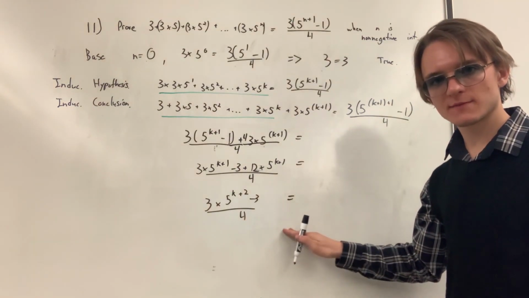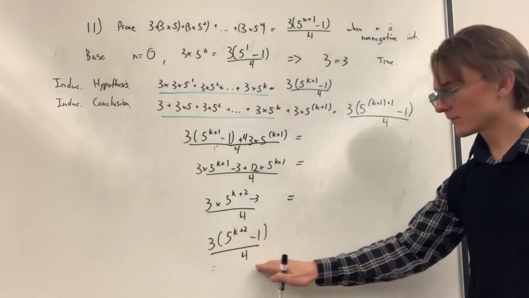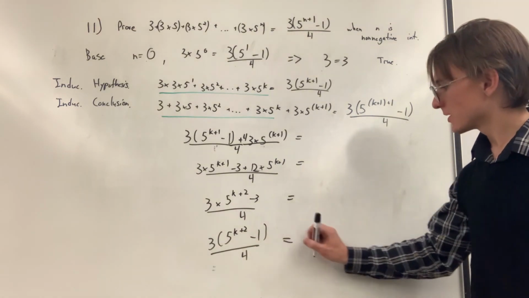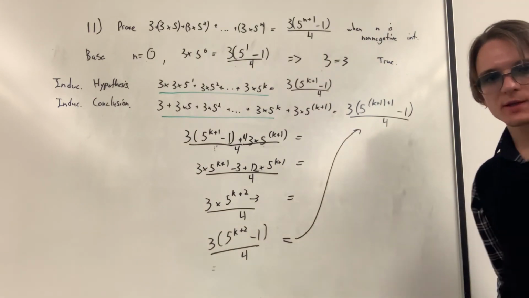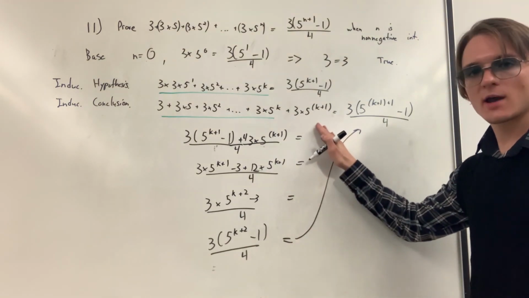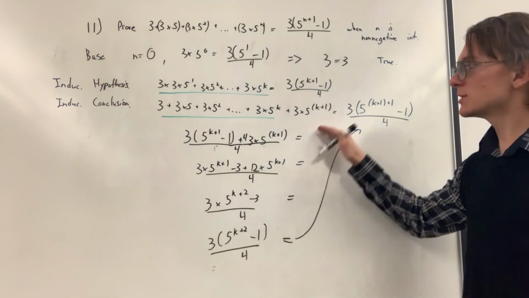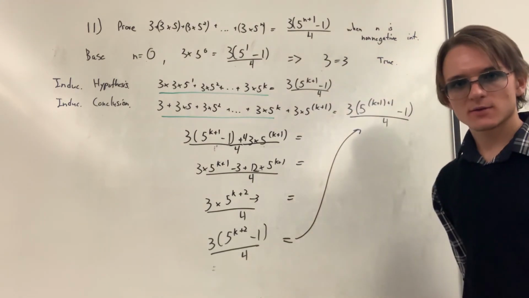Let's go one more step further. We get 3 times 5 to the power of k plus 1 minus 1 over 4. Does this match up with this up here? Absolutely. So we have proven our inductive conclusion using our inductive hypothesis, which proves that the original statement holds true.